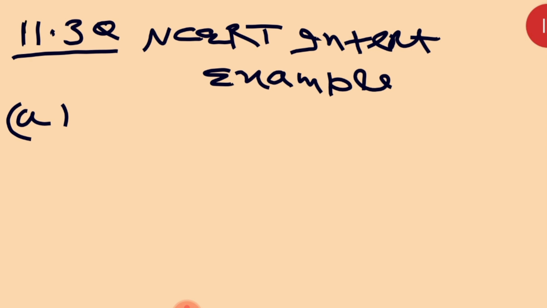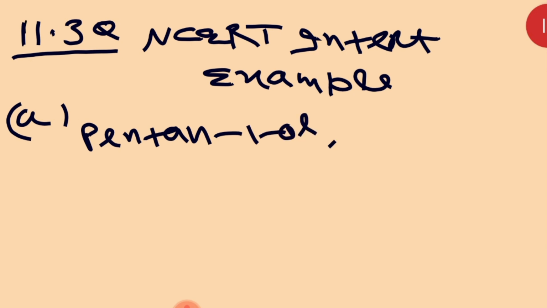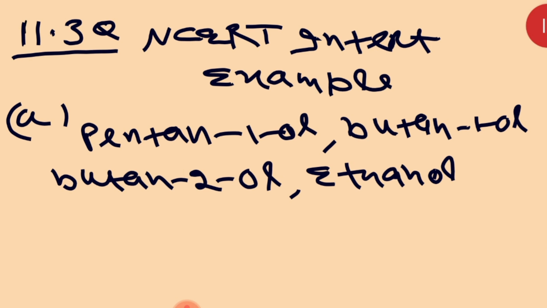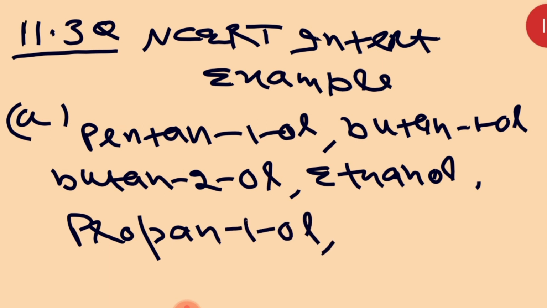First of all, they have given you pentan-1-ol, then butan-1-ol, then butan-2-ol, then ethanol, then propan-1-ol, then methanol.